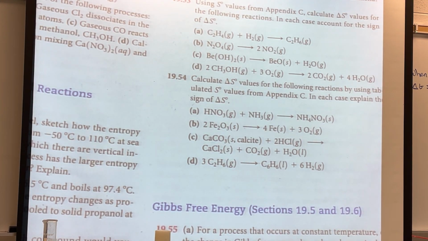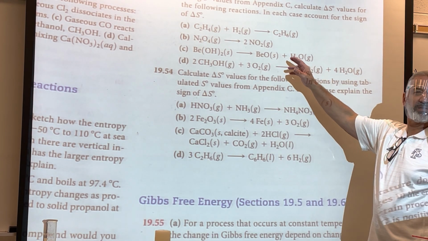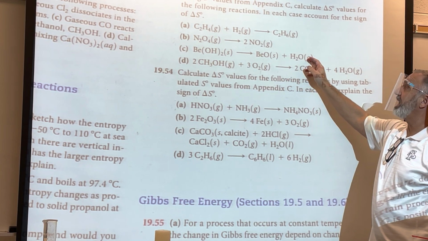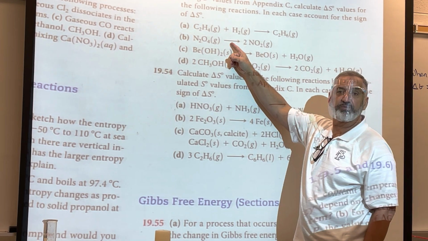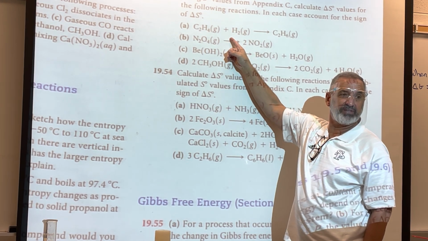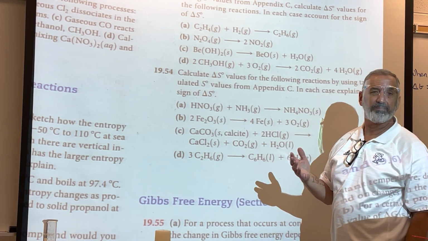If I'm looking at a problem like this, and it says calculate delta S, all that I have is delta S, so I'm just going to go to the back of the book and do the entropy of formation of products minus the entropy of formation of reactants. I'm just going to look up the values for each one of these things, again remembering that elements will have a value, and I'm just going to solve for it.